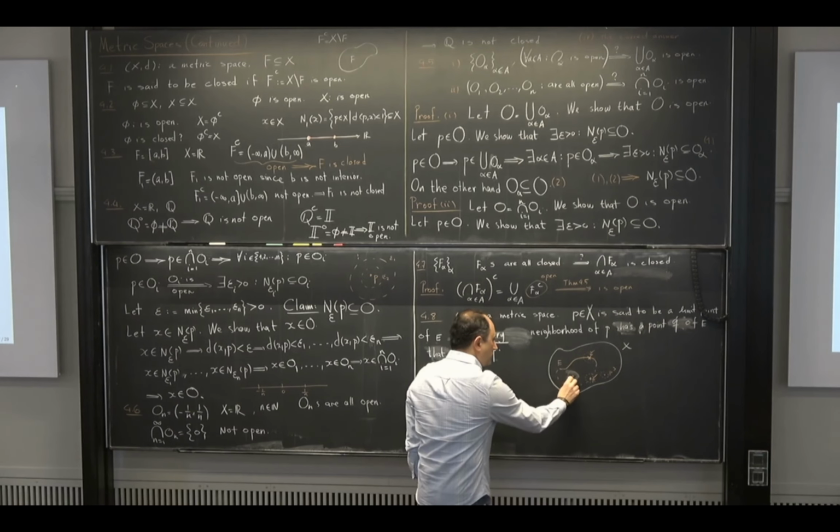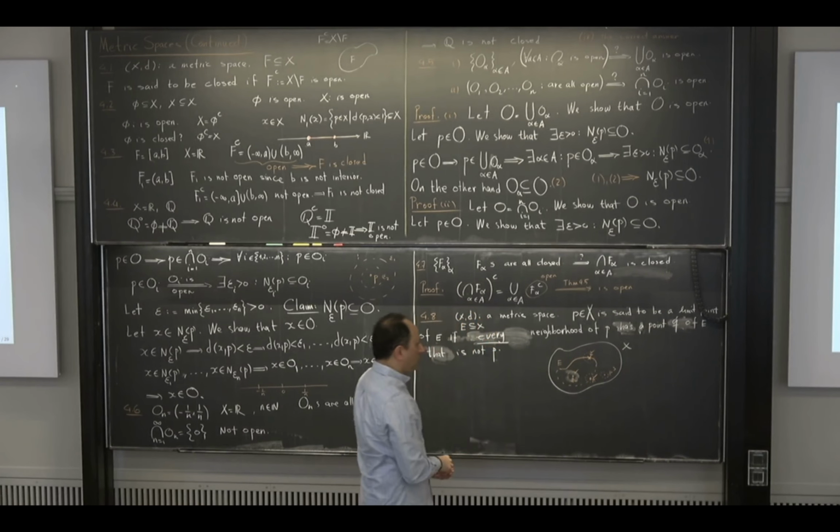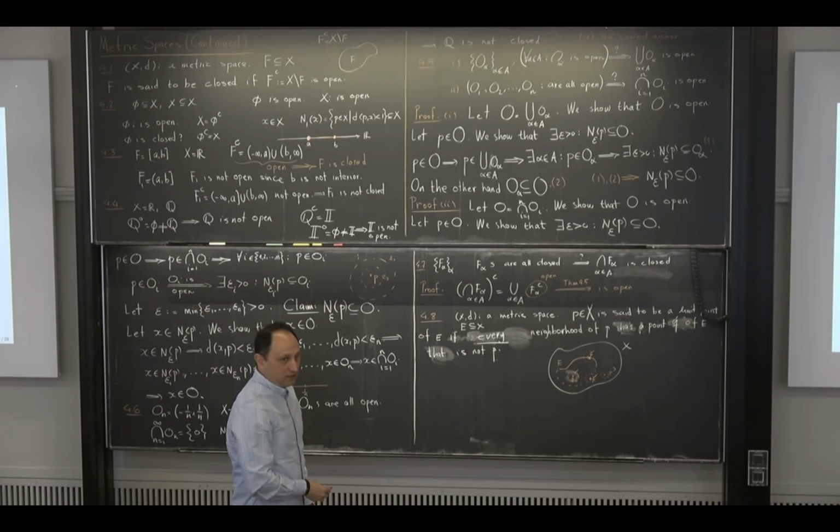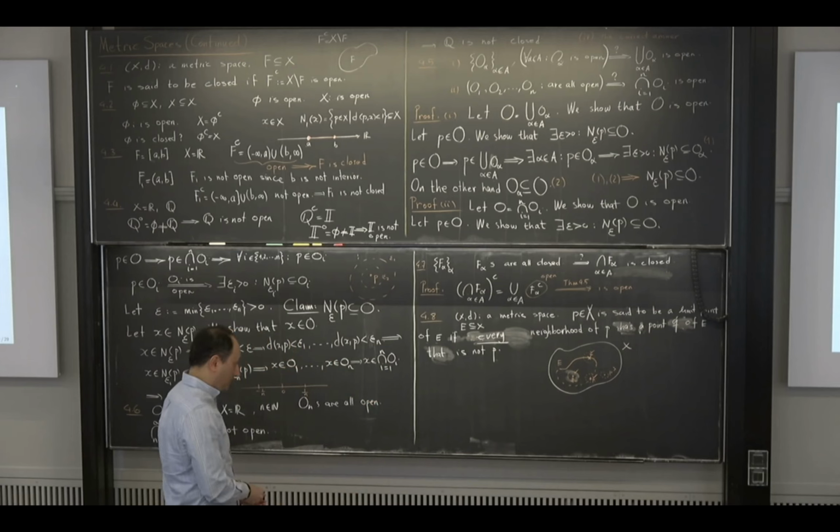So can you imagine what are the limit points of this set? Every point in the set and on the boundary. Yes, that intuition is correct. If you understand that, that's the meaning of the limit.